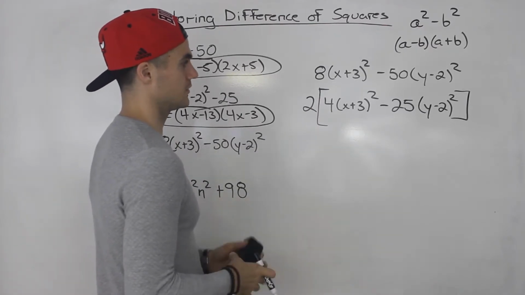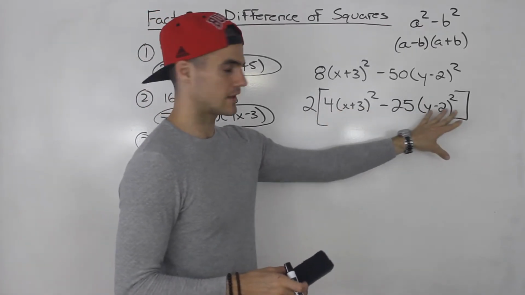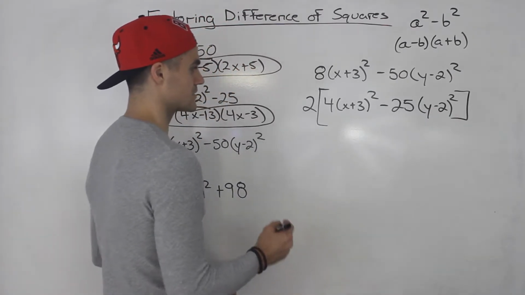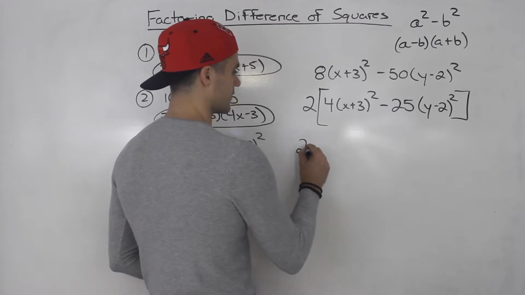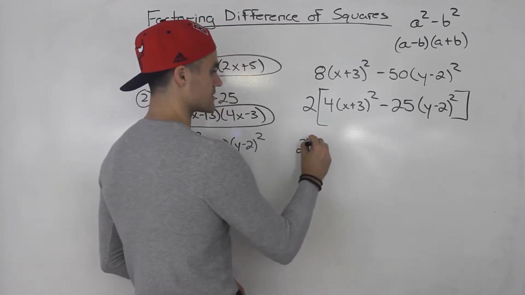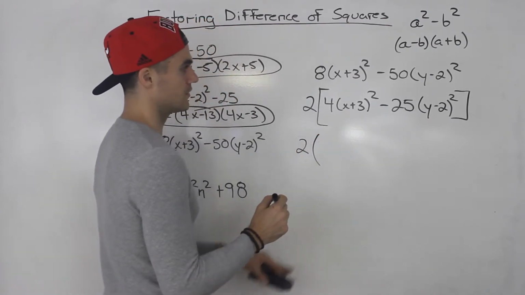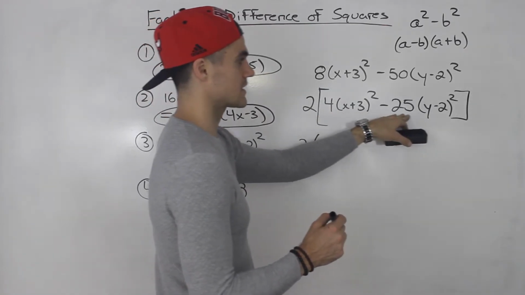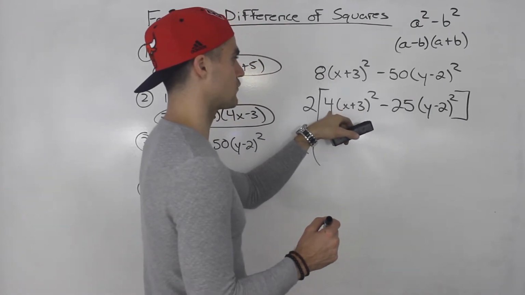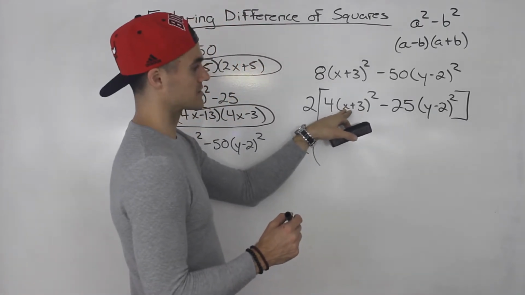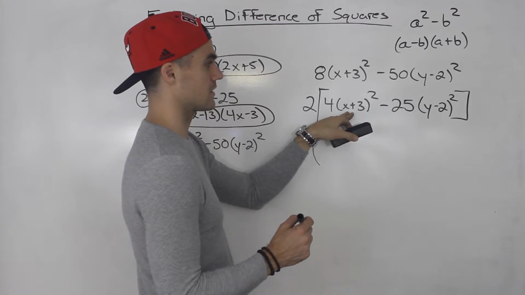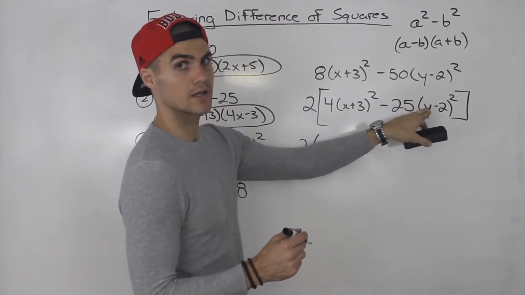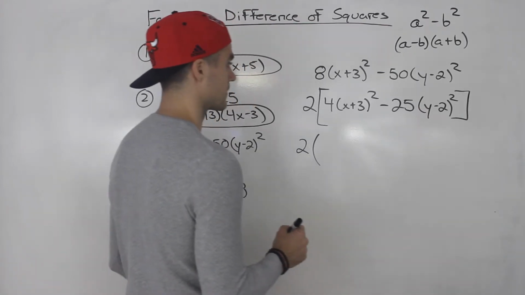And a couple things you could do. You could expand this all and then factor it, or you can recognize that this is a difference of squares. A little bit tougher again to recognize, but notice that we could take the square root of this pretty smoothly, and we could take the square root of this pretty smoothly, because the square root of 4 is just 2, square root of x plus 3 squared is just x plus 3, square root of 25 is 5, and the square root of y minus 2 squared is just y minus 2.